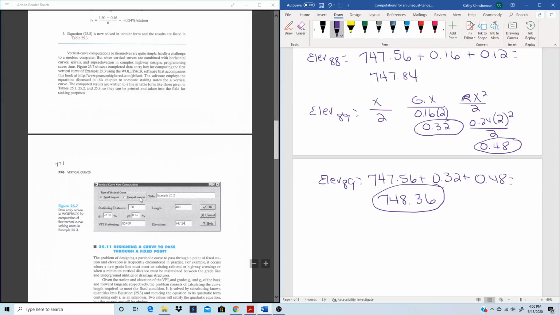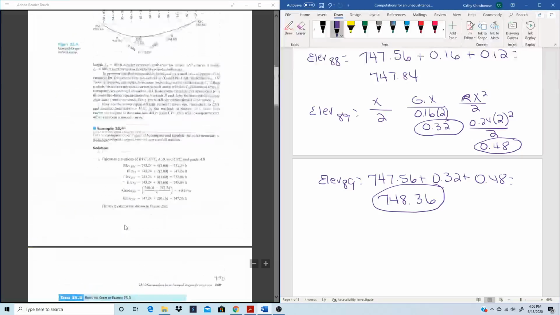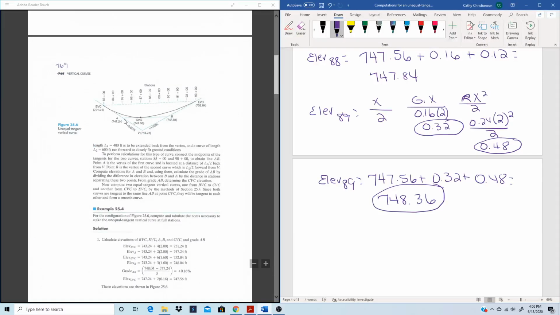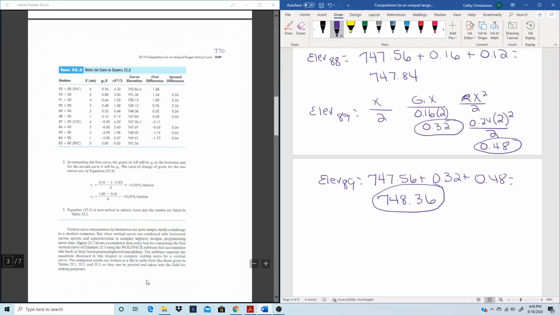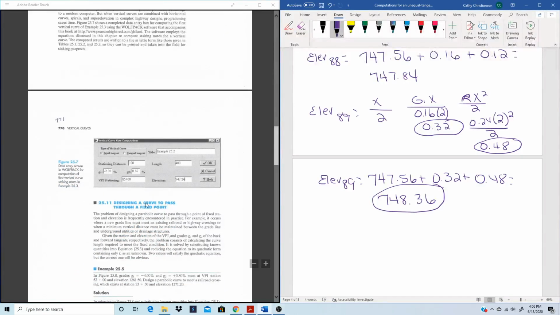They're doing an equal tangent for one and an equal tangent for the other one, and getting the elevation. What they did is they put in station 85 as their V for the first one. But I think you can put in an unequal and it'll work out for you, so you can check your homework. If not, then we can do it as two separate ones, and then you can check your homework.